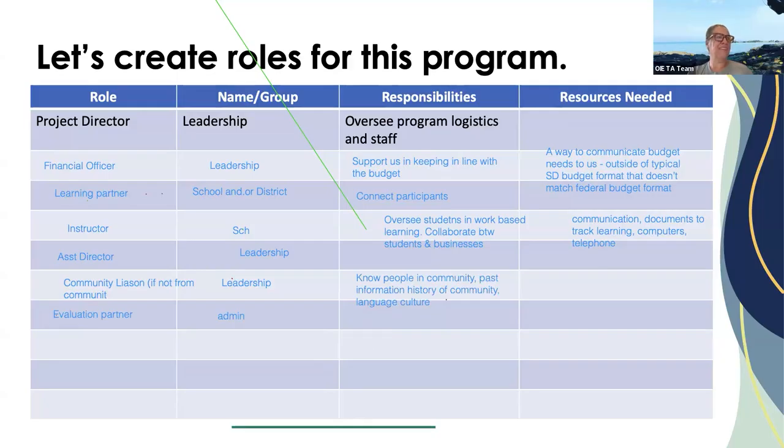And then community liaison. Yeah, really important. Sometimes engagement requires ongoing, regular communication in different formats to just keep people engaged until you see them next.